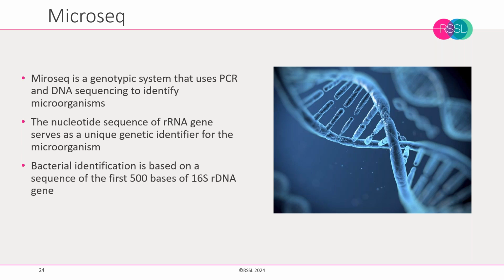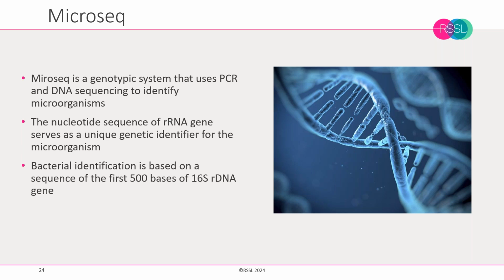And here, the bacterial identification is again based on parts of the genome that are not subject to change due to the environment or any other characteristics. So it's the first 500 bases of the 16S gene in the bacterium.